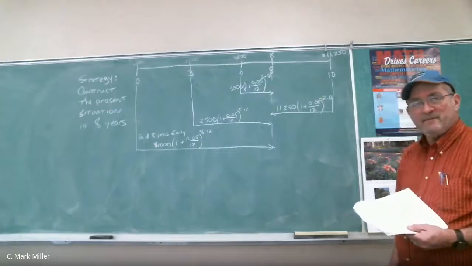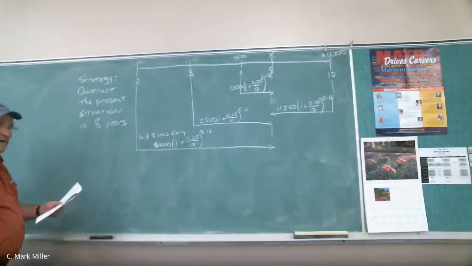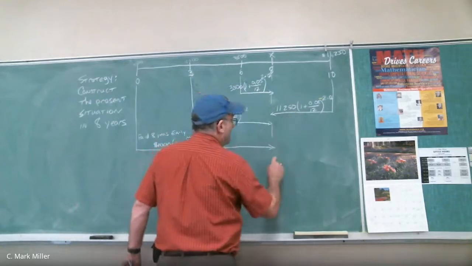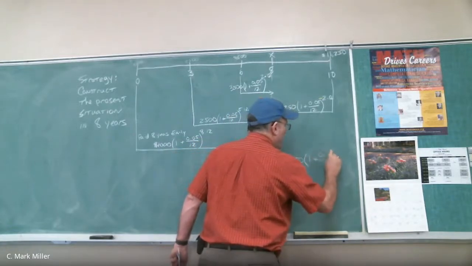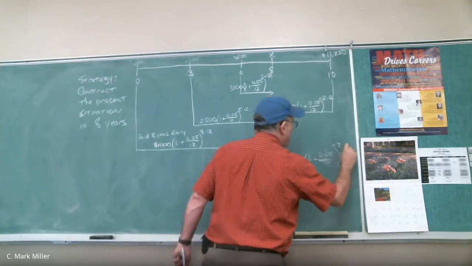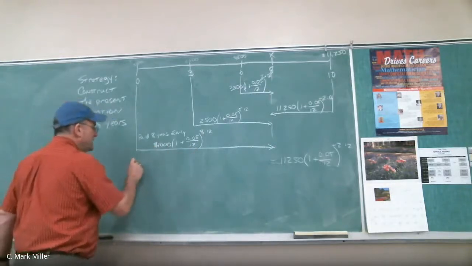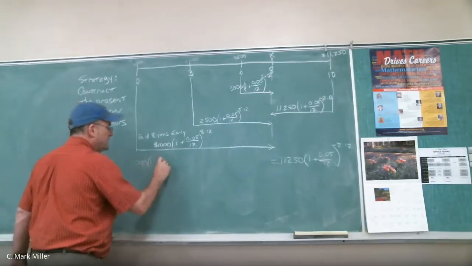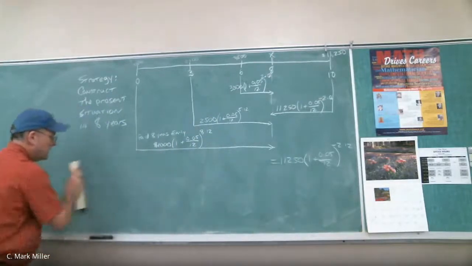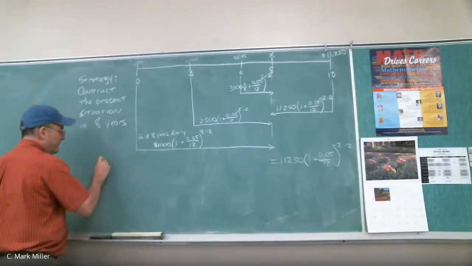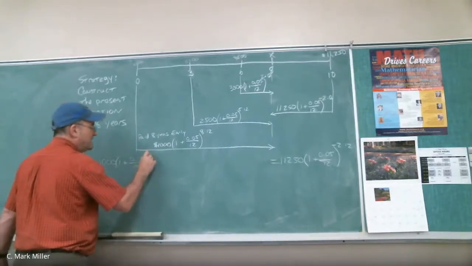Okay, now get ready to do some writing. So what equation do we have? This is how much we owe in 8 years. This is how much we're paying. So it's going to be 1,000 times (1 plus 0.05 divided by 12) to the 8 times 12.